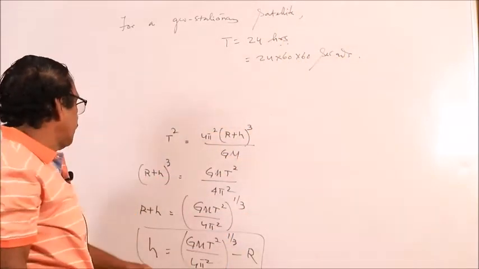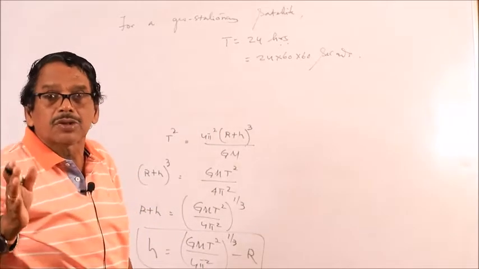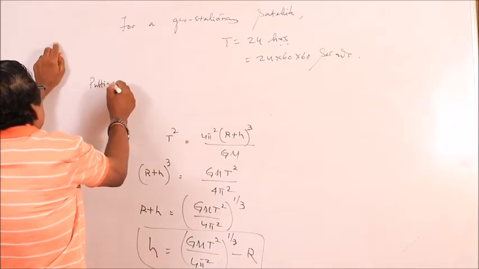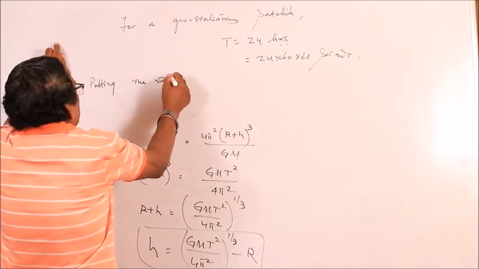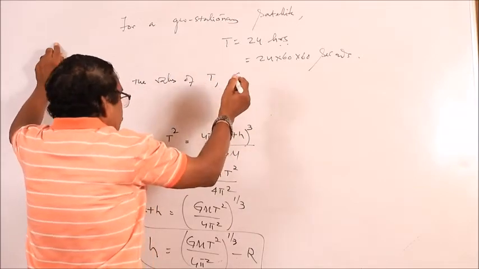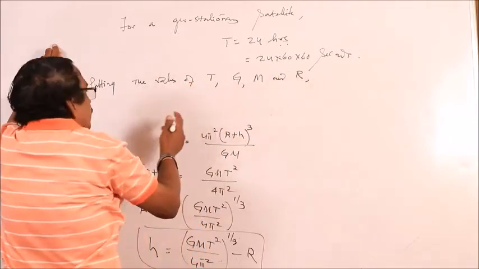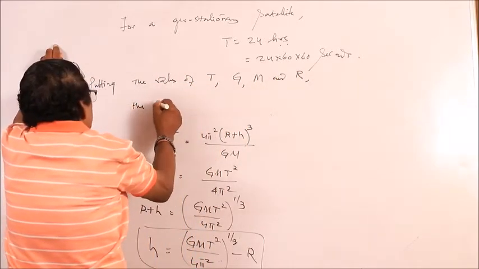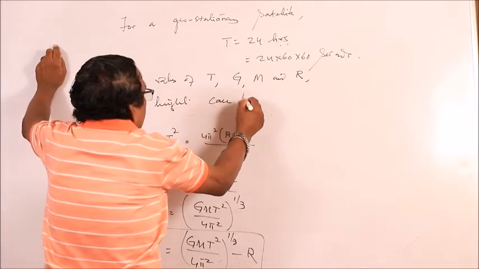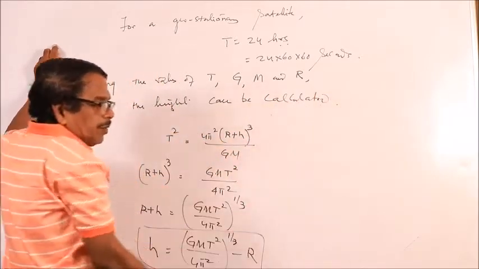So, putting the values of T, G, M and R, the height at which a geostationary satellite revolves can be calculated, which is calculated to be around 35,000 kilometers.